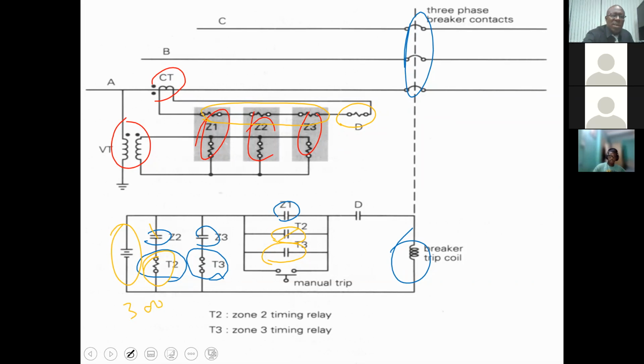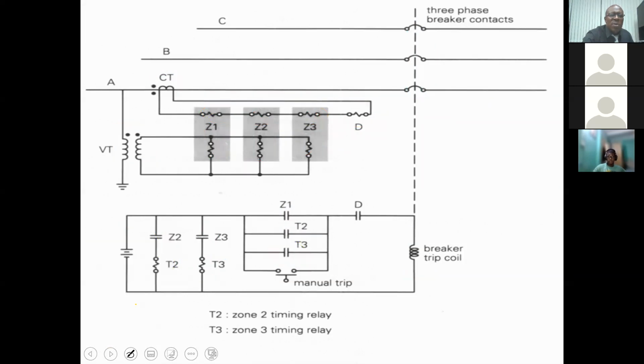You always make the distinction in these diagrams between the coil and the contact. The T2 timer has a contact. Those are where the contacts are. This is coming straight from the relay. If the fault is on zone 1, this closes and this is energized with this deliberate timer delay.